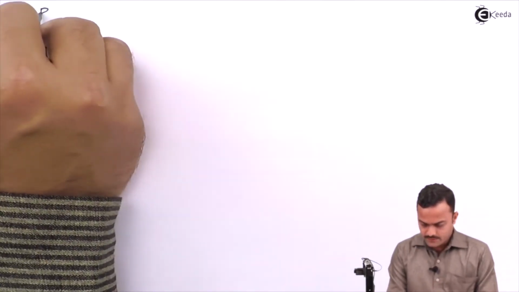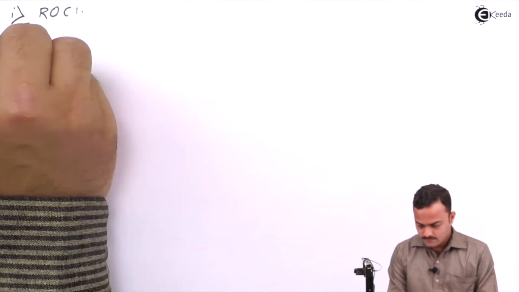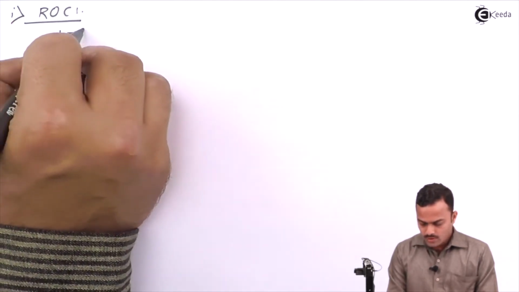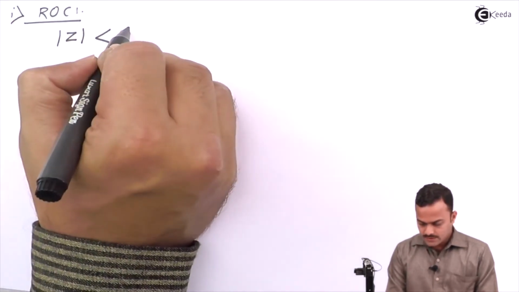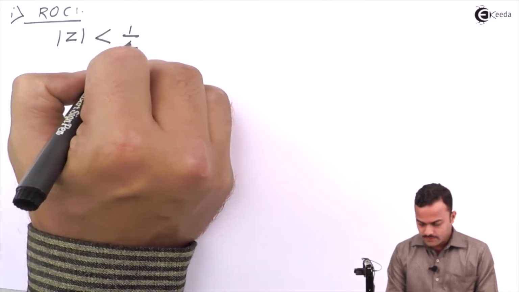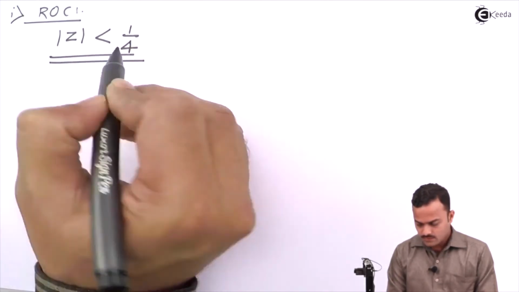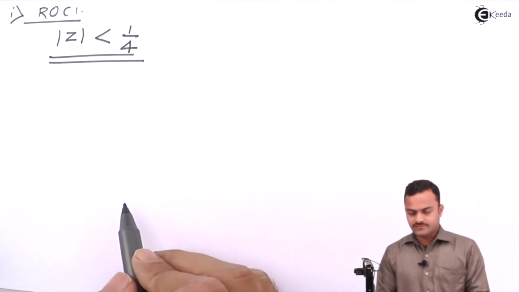So I say the first ROC is mod z has to be less than 1 by 4. So let me draw the ROC first.